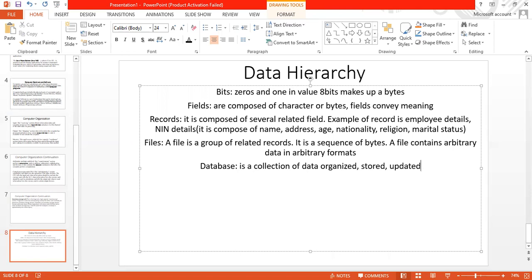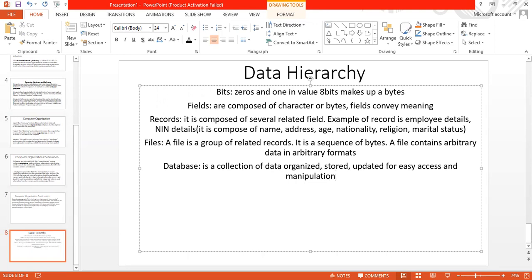It is a collection of data organized, stored, and we can update it for easy access, so that whenever we want to make reference to it, it is for easy access and manipulation. Manipulation is just like saying that we want to update it, we want to edit it. That is the same thing as manipulating.